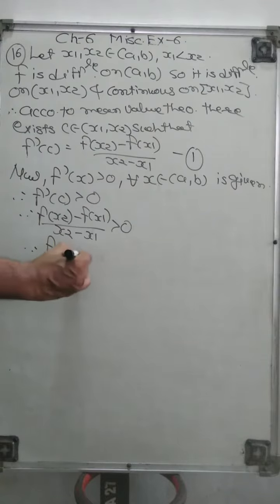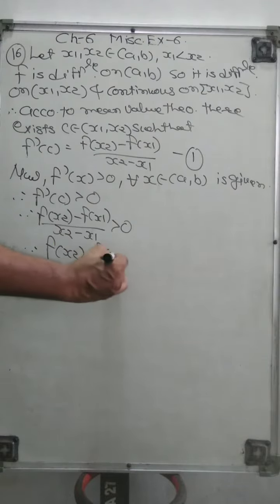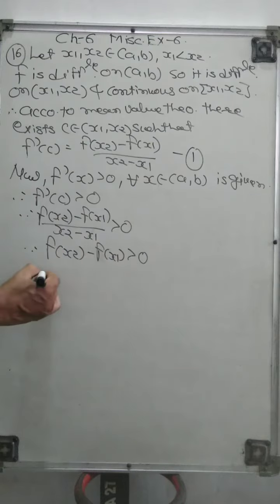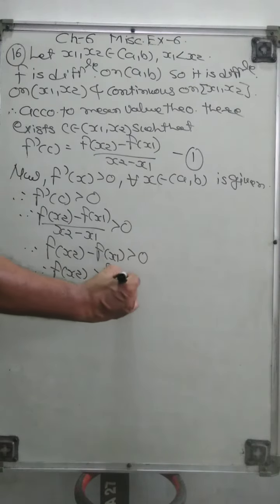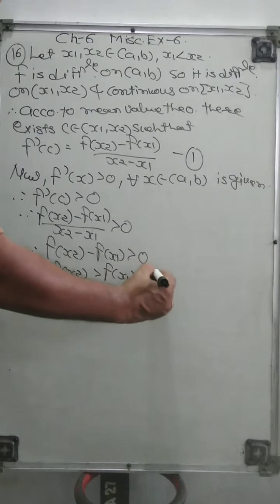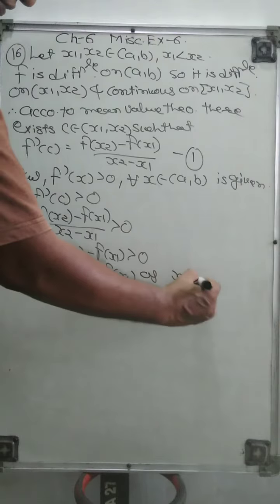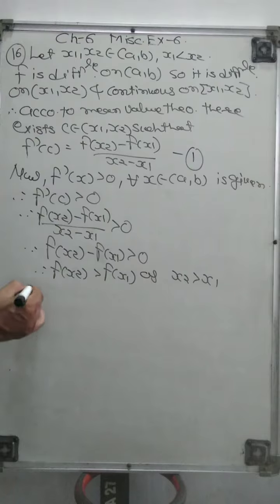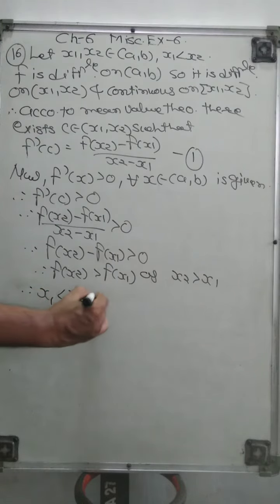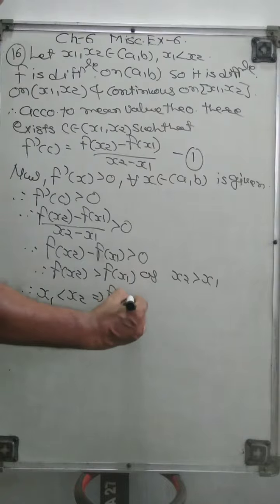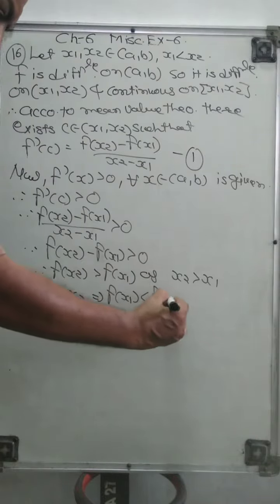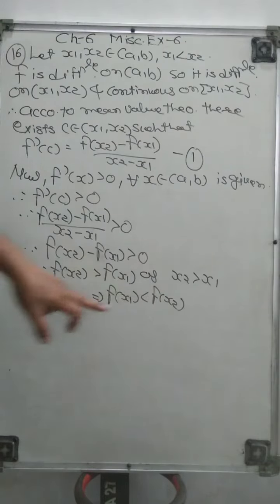Therefore, f(x2) minus f(x1) is greater than 0. Therefore, f(x2) is greater than f(x1); as x1 is less than x2 implies f(x1) is less than f(x2), so the inequality remains the same here.